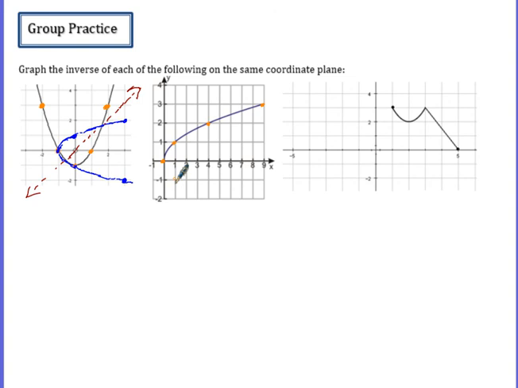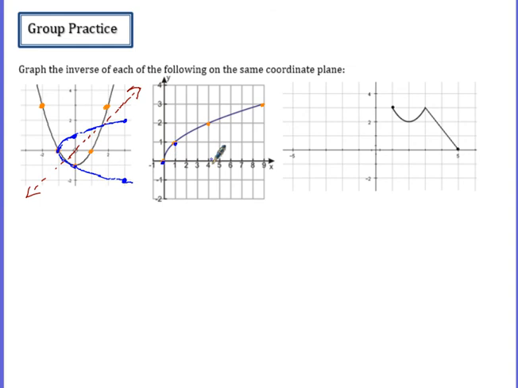Alright, now that you've done that, let's check your work. If our original is indicated in orange, let's pull those coordinates and swap them. Swapping 0, 0 just gives you 0, 0, so we share a point there. That happens again with 1, 1.